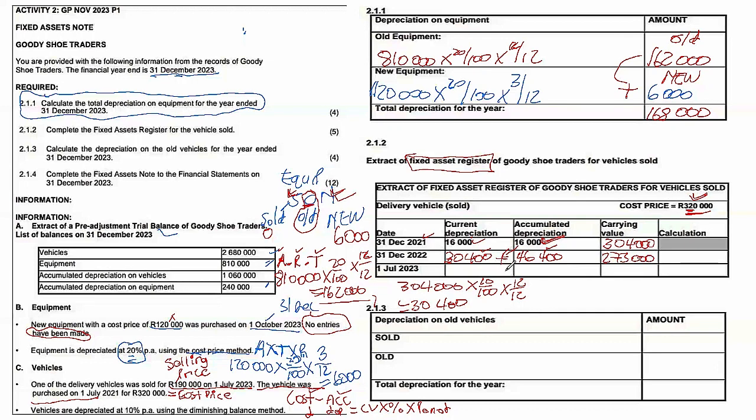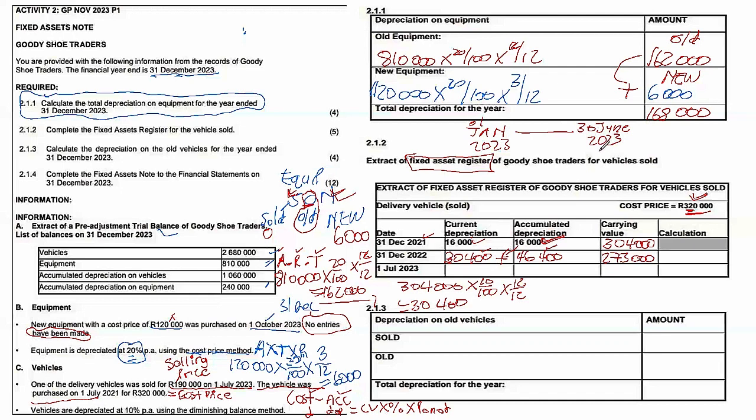Okay. Now, remember the asset was sold on 1st July 2023. Then our period starts on 1st January, so it's 1st January 2023. So now from January up until the 30th of June, the date of sale, remember you sold this asset on 1st July 2023.